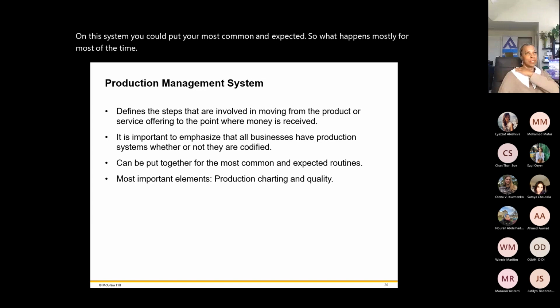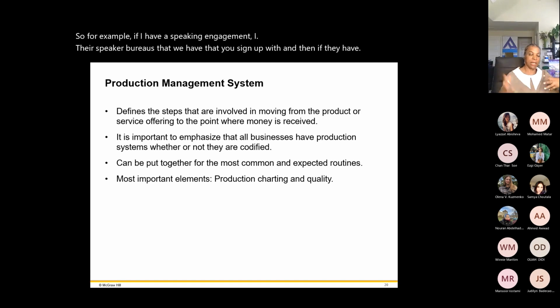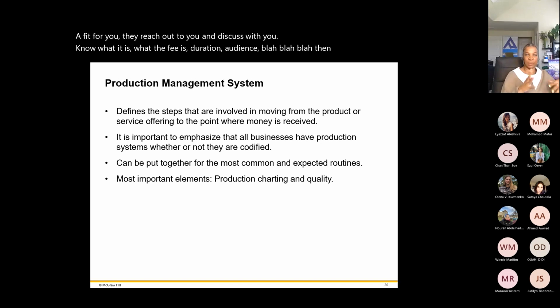For example, if I have a speaking engagement, there are speaker bureaus that you sign up with, and then if they have a fit for you, they reach out to you and discuss with you what it is, what the fee is, duration, audience, and so on. Then the next step is you agree to do it.